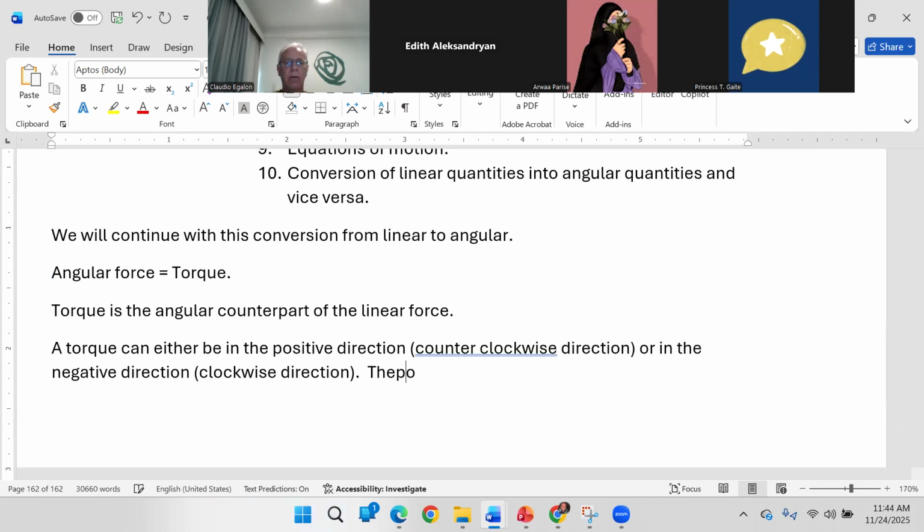The positive and negative directions can also be visualized by the right-hand rule.